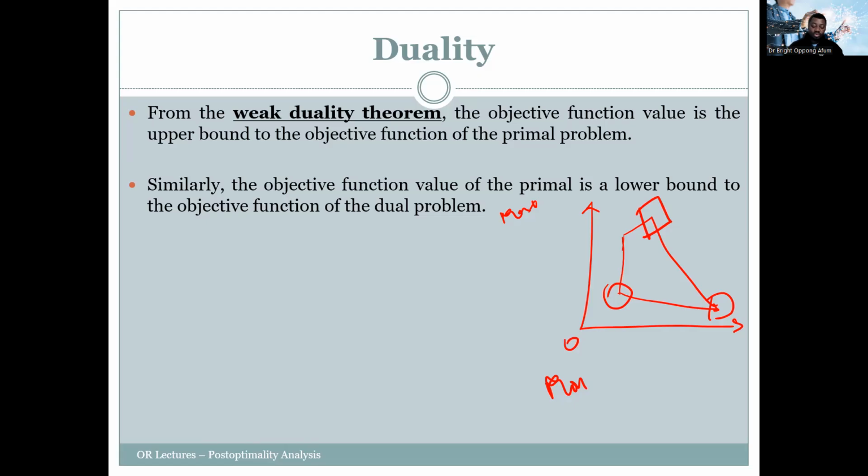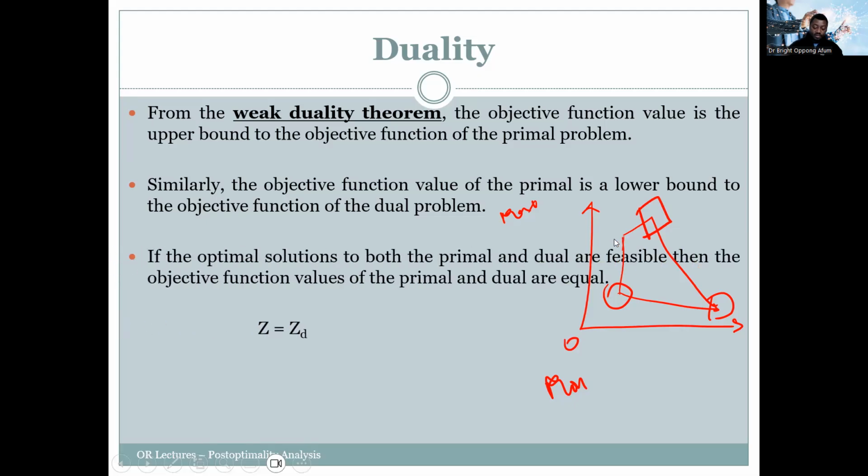So that's why we conclude that if the optimal solutions to both the primal and the dual are feasible, then the objective function values of the primal and dual are equal.